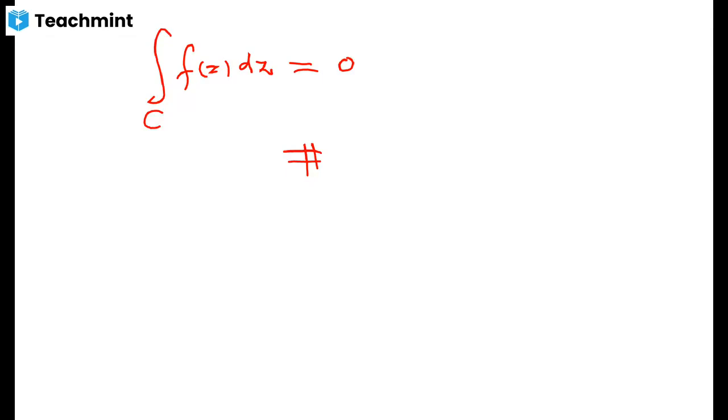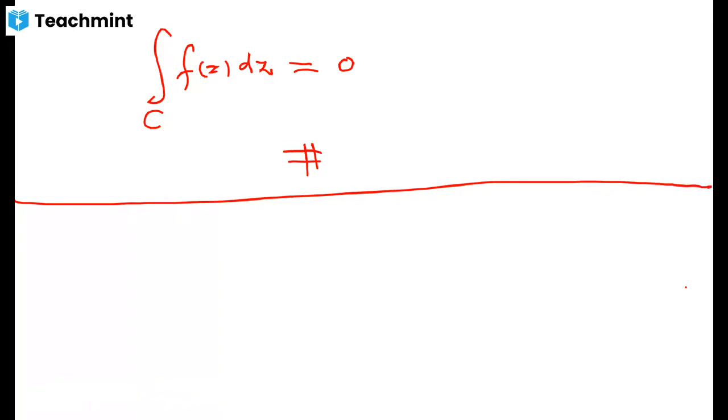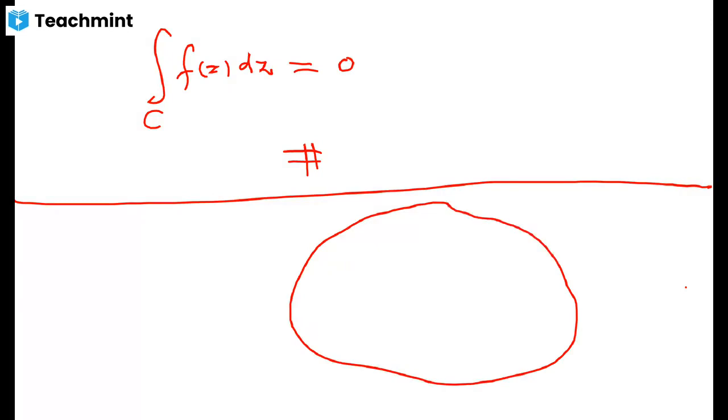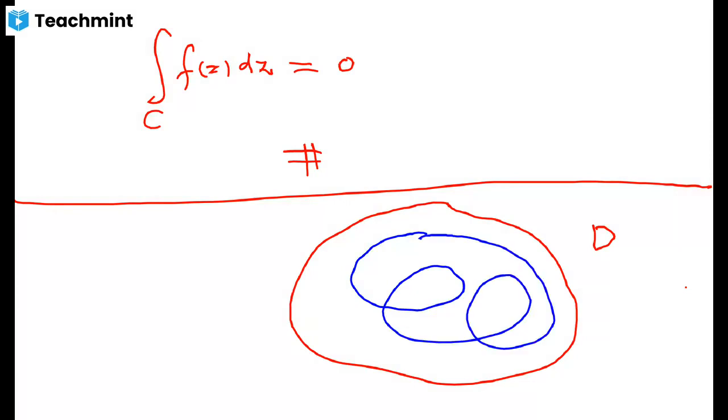And there is a remark. What we did is that we just took the simple closed curve. But if you have a domain D, and suppose the curve is not simple closed, what it means is it might be like this, might have self intersections.